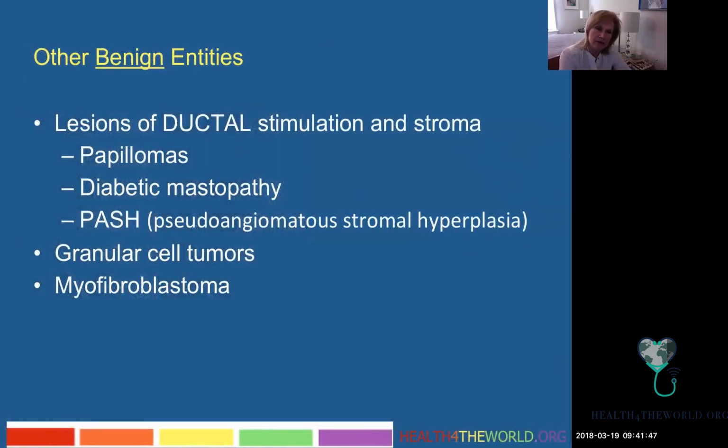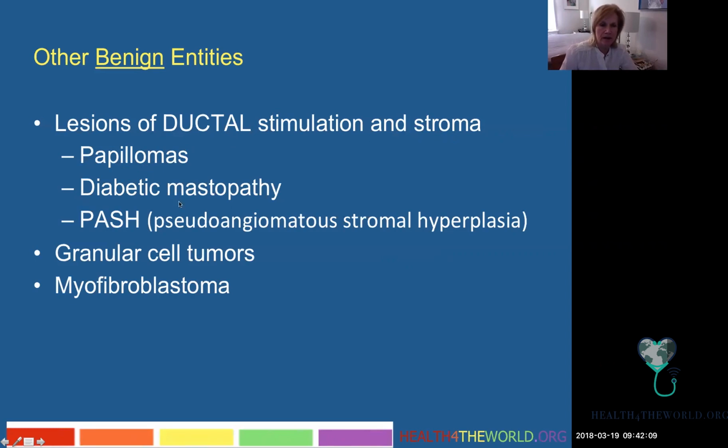Okay, other benign things that we could see in males, these are going to be lesions that result from stimulation of ductal tissue, because remember, males have mainly ducts, not lobules, and the stromal tissue. Sometimes we see lesions that come from the stroma, but not lobular tissue. So we occasionally see a papilloma, because papillomas grow in the ducts.